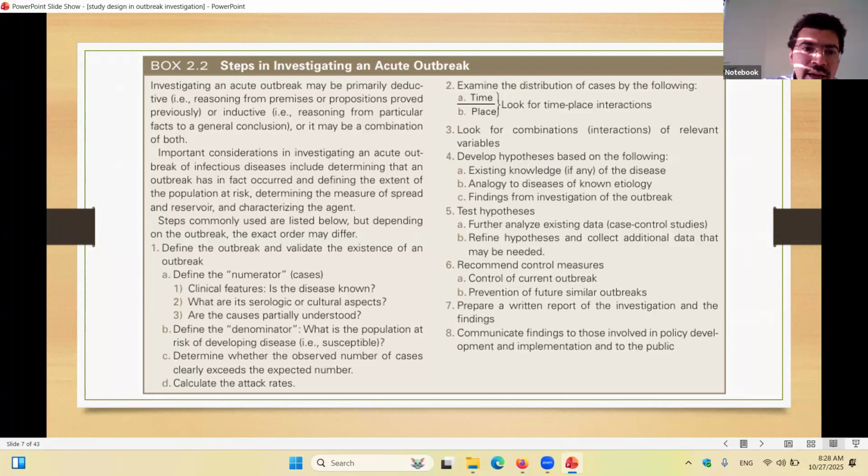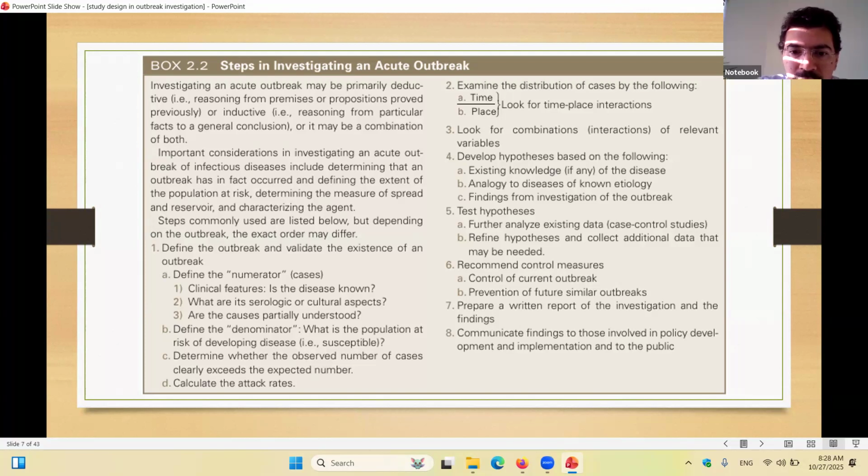So, as I mentioned before, these steps may have different orders according to different outbreaks. For example, I said I would give examples in the future.